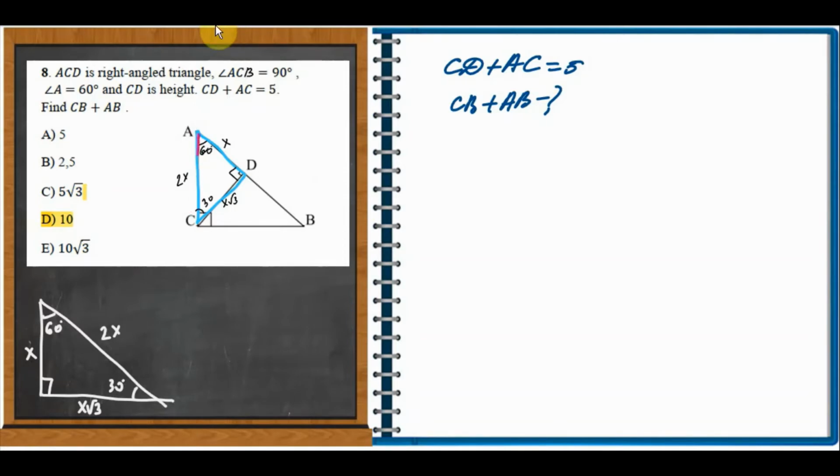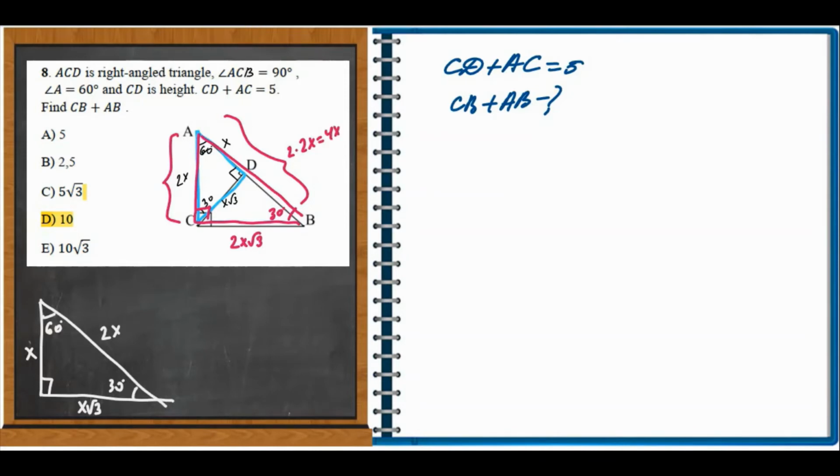What we see in the bigger picture is, again, a 30, 60, 90 right angle triangle. Opposite to 30, we have 2x. Opposite to 60 will be 2x square root of 3, and the hypotenuse will be 2 times 2x, which is 4x.